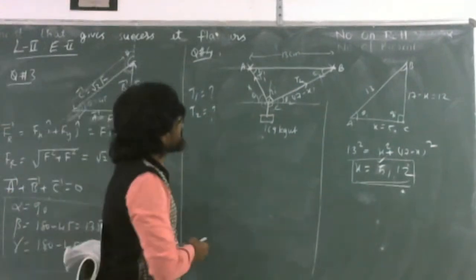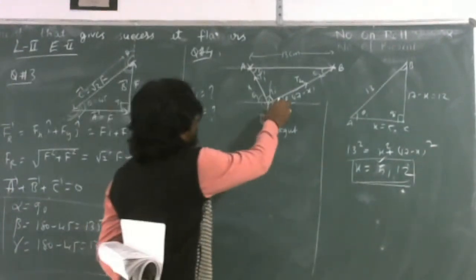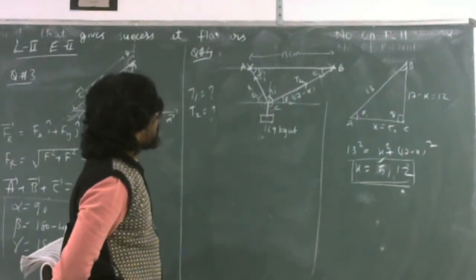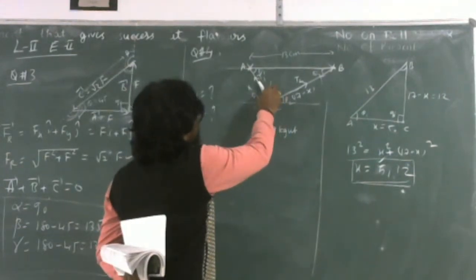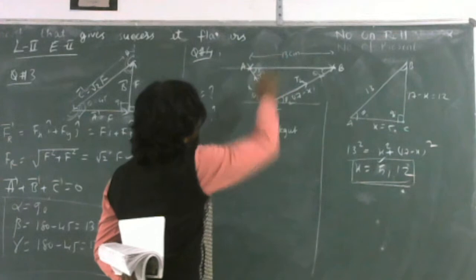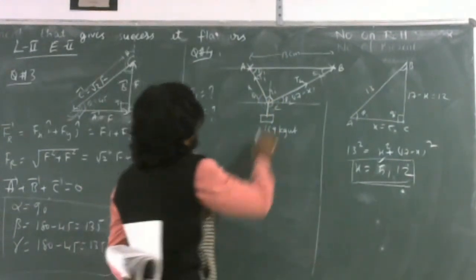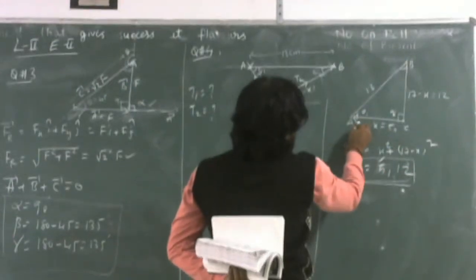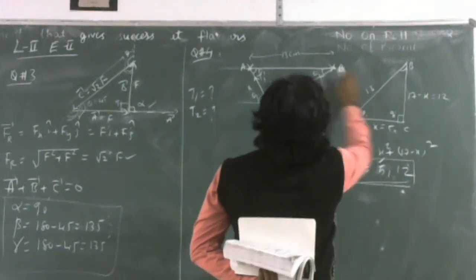What is that another way? Let us consider the force relations. If you take the component of T1, we have T1 along CA, and T2 along CB.